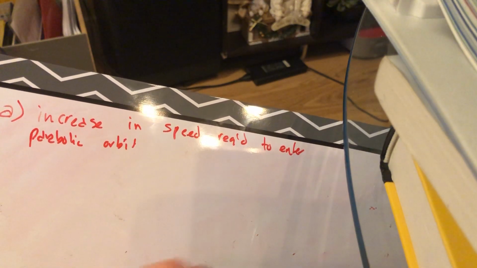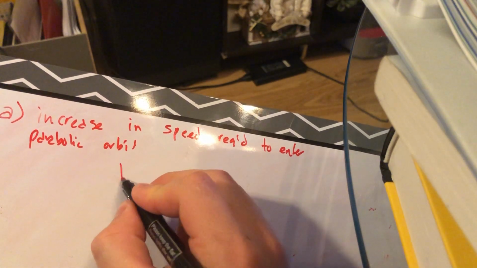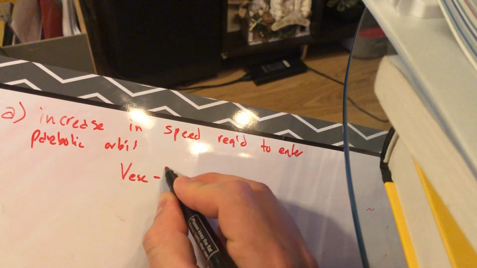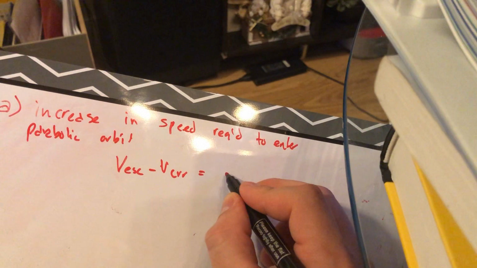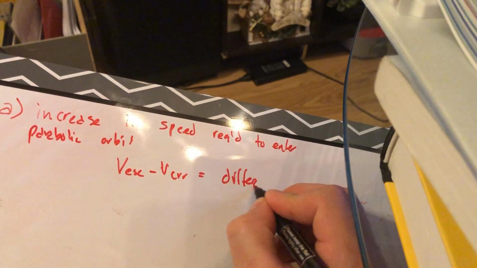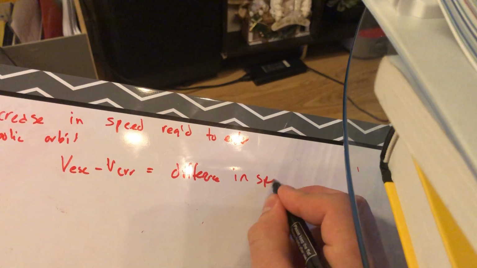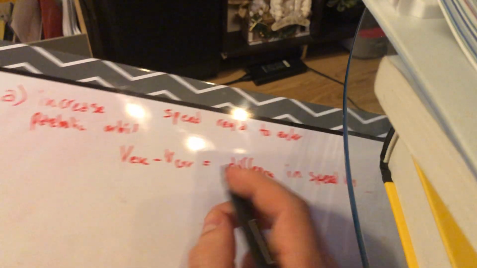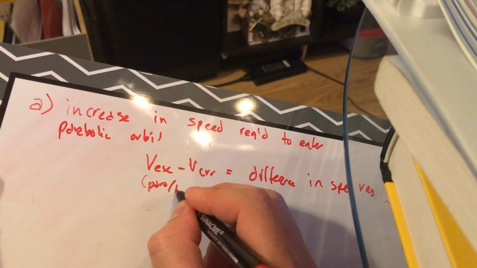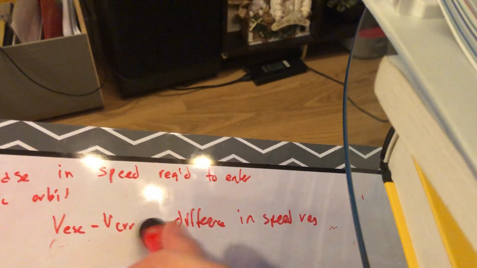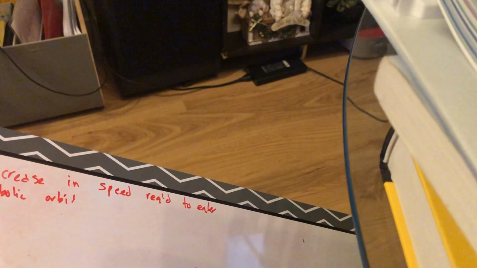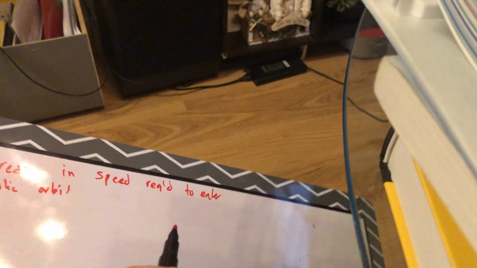So V escape minus V circ equals the difference in speed required, and this is going to be parabolic or hyperbolic. The circular orbit goes around. We need the parabolic or the hyperbolic velocity. The difference of that is how much you need to increase your speed to escape that orbit.